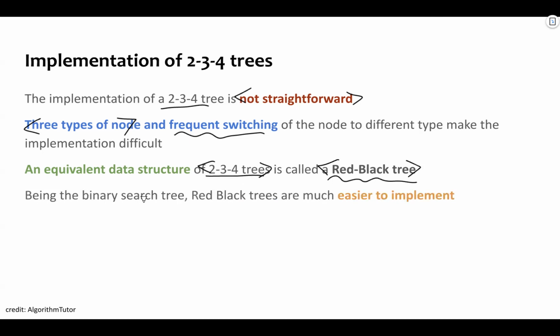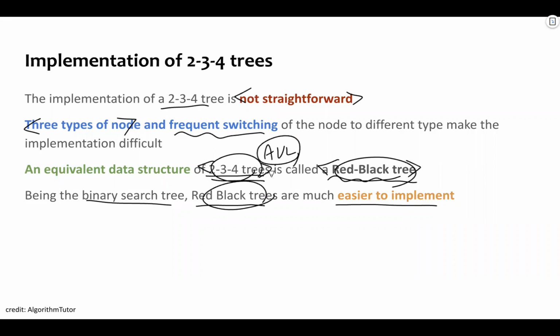And being binary search trees, 2, 3, 4 trees, AVL trees, red-black trees, all of them are binary search trees. And red-black trees are much easier to implement. In fact, red-black trees are easier to implement than 2, 3, 4 trees. However, red-black trees are much more difficult than AVL trees to implement.